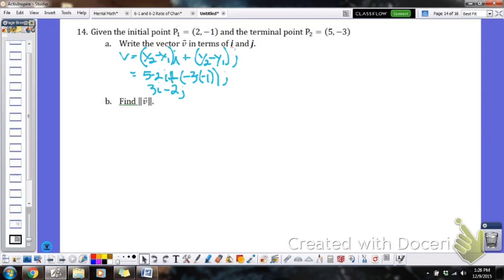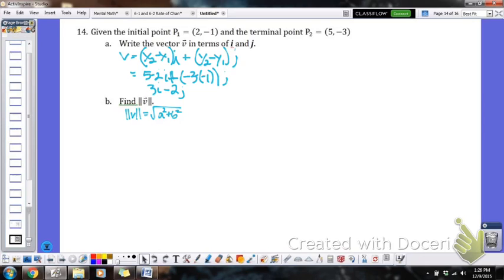I find the magnitude by using the distance formula, but since our ij vector has an initial point of (0, 0), I'm not really worried about those other points, so I will just use the magnitude being equal to the square root of a squared plus b squared.